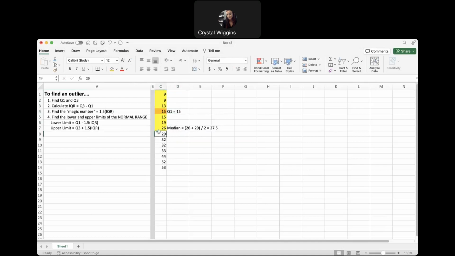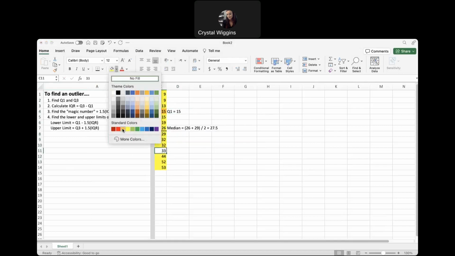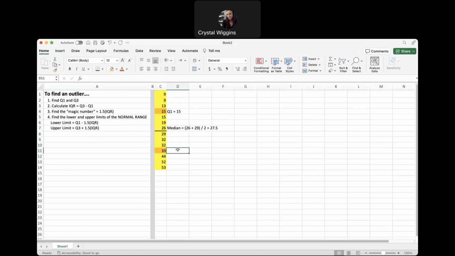And I do the same thing for this bottom half. And I see that the middle number is an actual data value. There's not two of them, so I don't need to take an average. And my Q3 is 33.